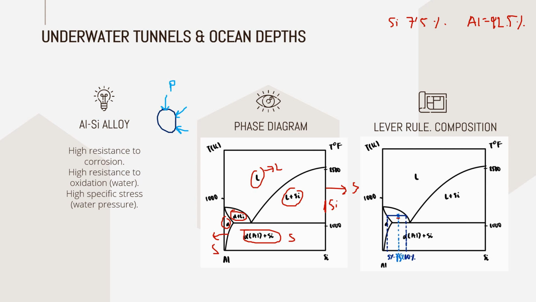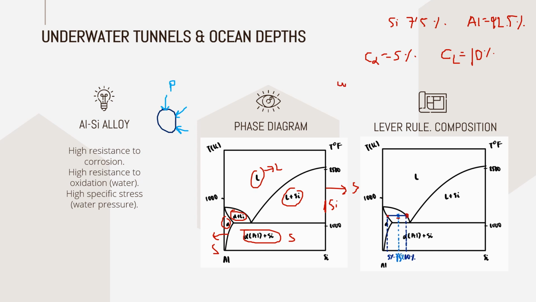And now we know this point here, which corresponds to the concentration of alpha. It's going to be 5%, while the concentration of liquid in this case would be 10%.